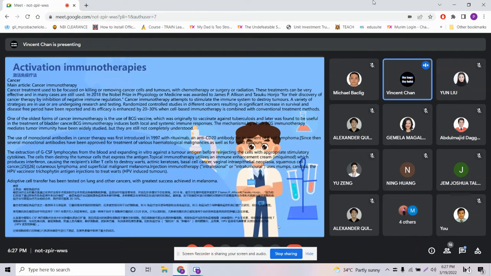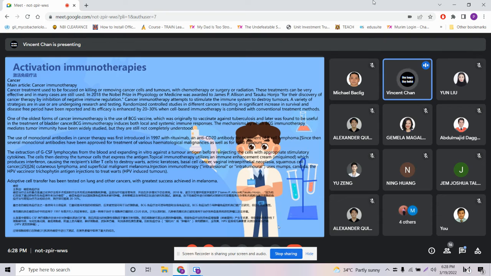In 2018, the Nobel Prize in Physiology or Medicine was awarded to James Allison and Tasuku Honjo for their discovery of cancer therapy by inhibition of negative immune regulation.